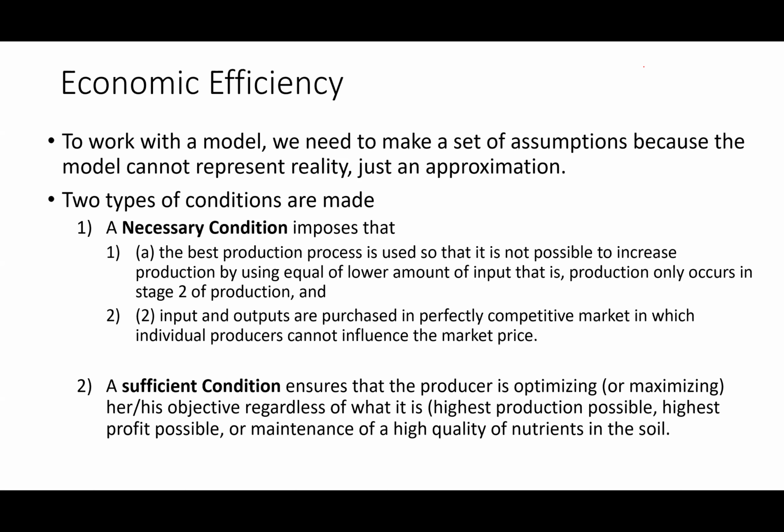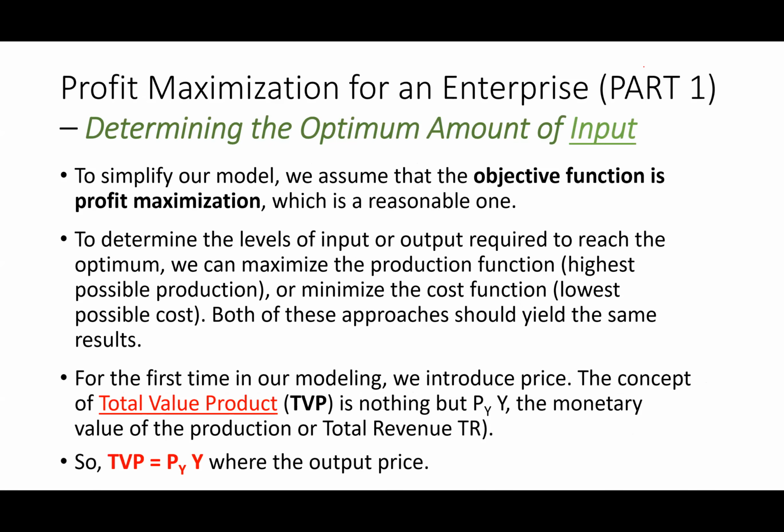It can also be to maintain the quality of the soil. It could also be to use the minimum input possible, right? And so the objectives will vary. In this chapter, we'll assume that the objective function is profit maximization.